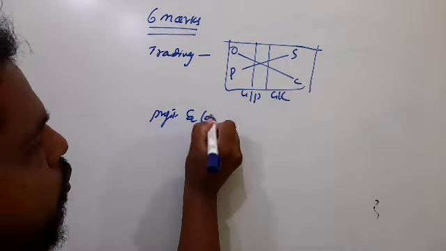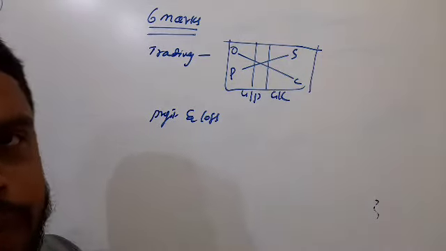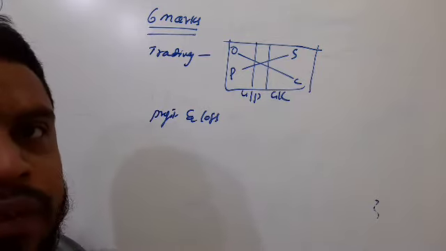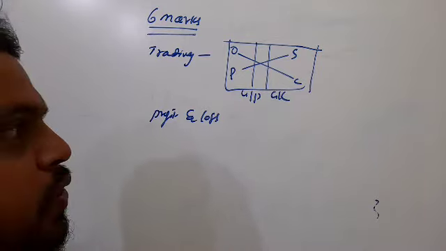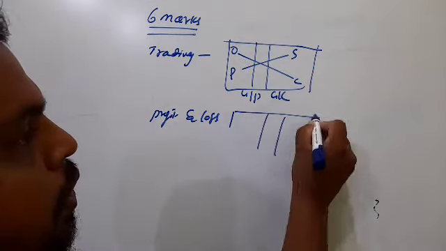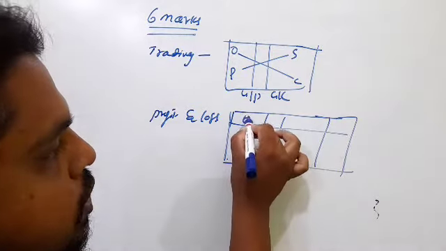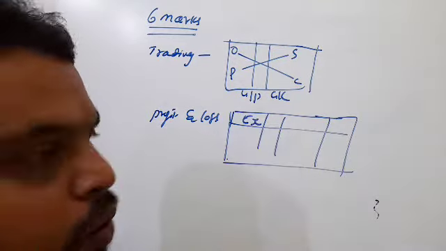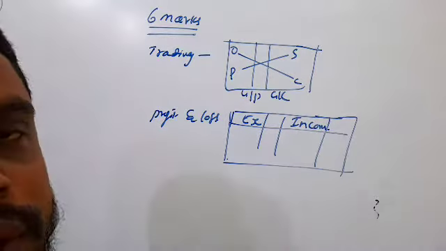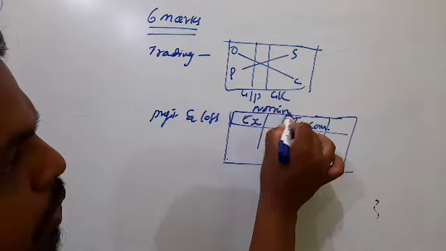Next, profit and loss account. Profit and loss account is also one of the components and it is prepared at year ending to find out the net profit or net loss of the business. In profit and loss account, on the debit side all the expenses and losses we have to record, and on the credit side all incomes and gains. This profit and loss account is also called a nominal account.